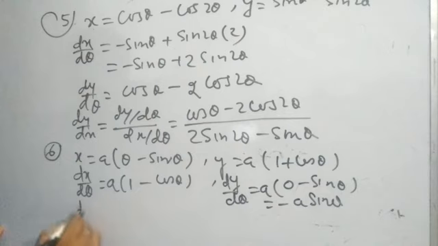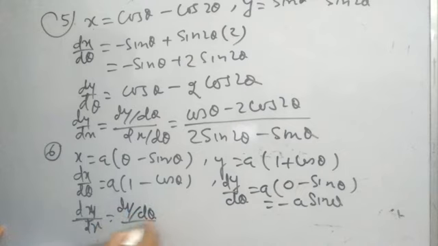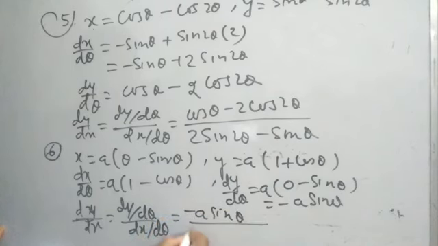So dy/dx will be (dy/dθ) divided by (dx/dθ). It will be minus a sin θ divided by a(1 minus cos θ). The a cancels.